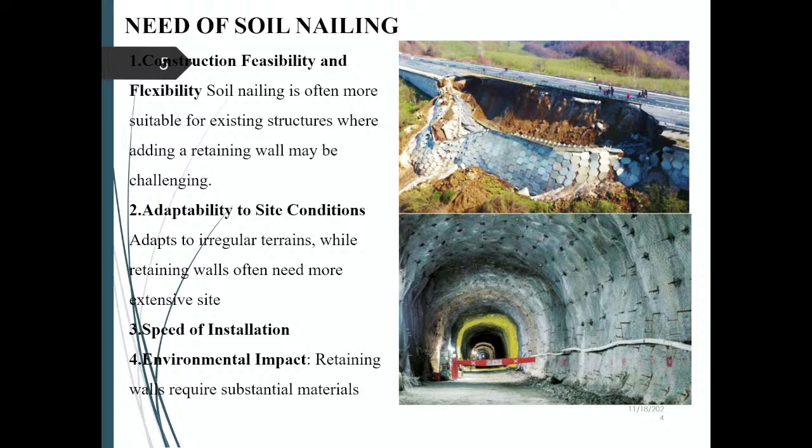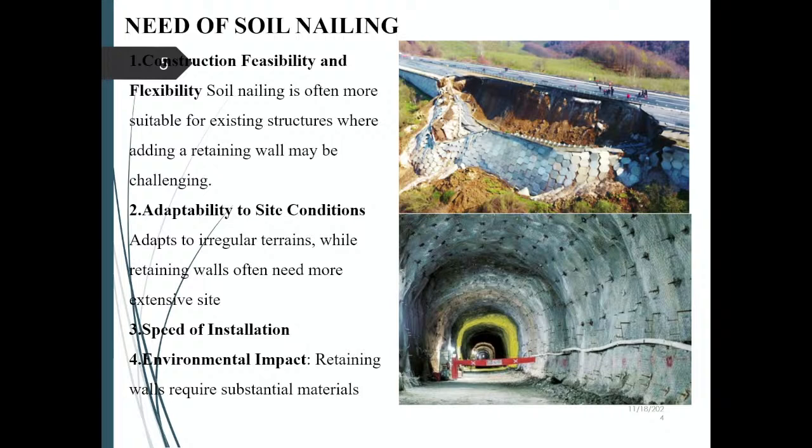Also, for example, for the construction of a tunnel, we are required to reinforce the soil mass without increasing the area. Otherwise, if we applied a retaining wall, it would take much space. Here, without changing the strata, we just reinforce the soil mass.